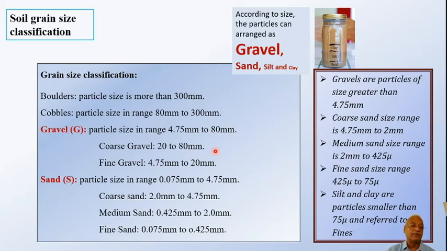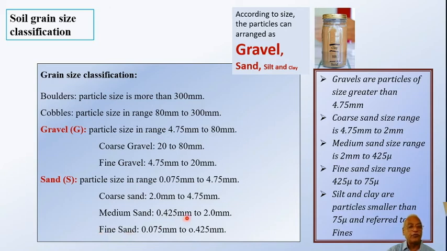Similar to gravel, sand also has a good range, 0.075 mm to 4.75 mm. To recognize whether the sand is coarse sand, medium sand or fine sand, we have different size ranges. 0.075 mm to 0.425 mm is fine sand.